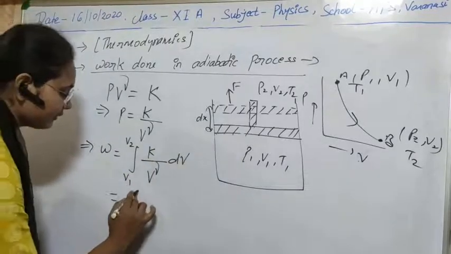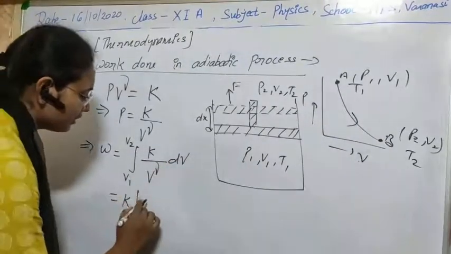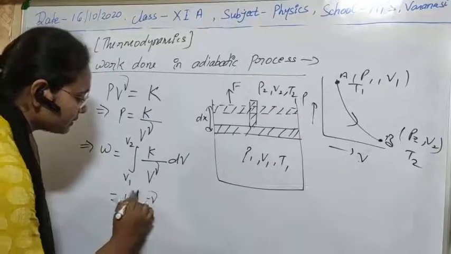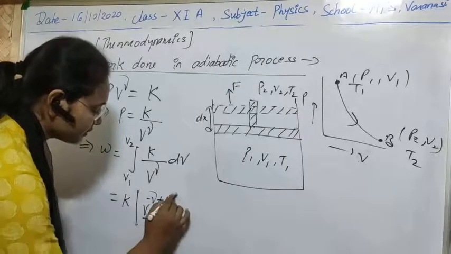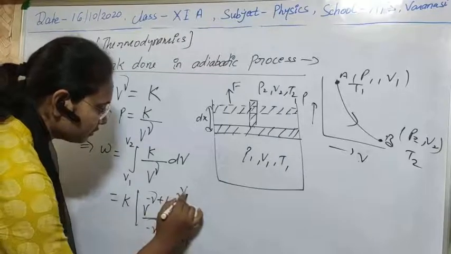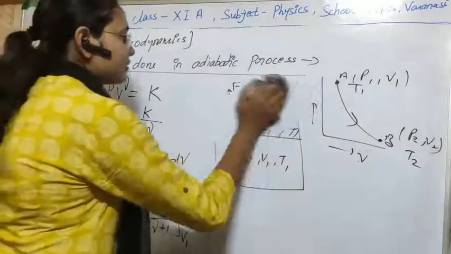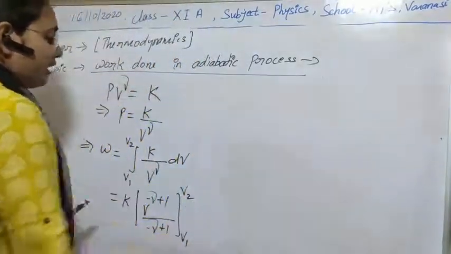Clear? After integrating it, we will get K constant times V power minus gamma plus 1 upon minus gamma plus 1, from V1 to V2. Clear? I think in this mathematical concept there is no problem.